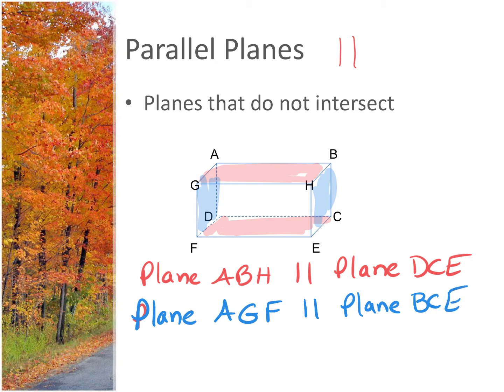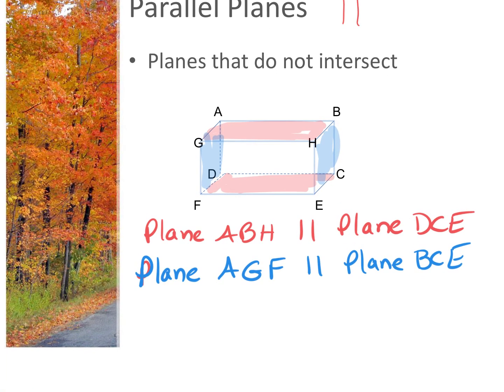And then I also have the front and the back. So I could have the back of this, which is going to be ABCD back here. So I could call that one, pick 3 letters, ABC.